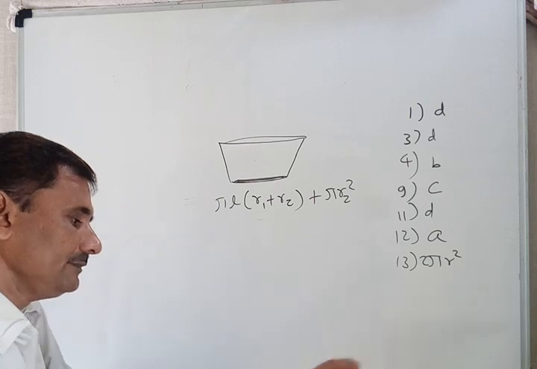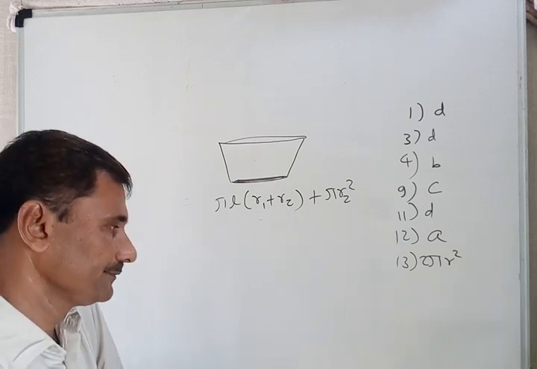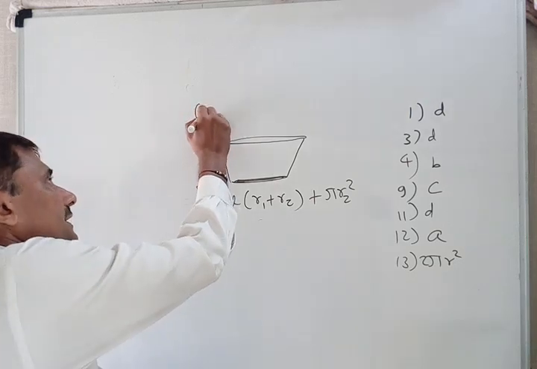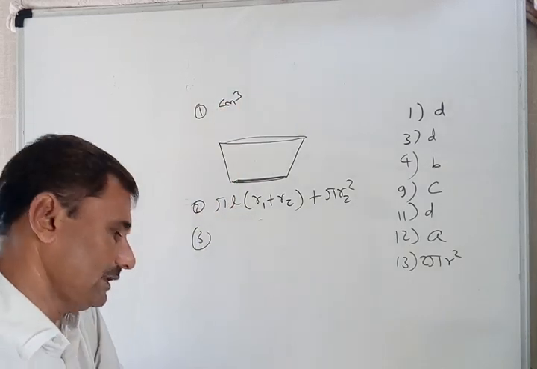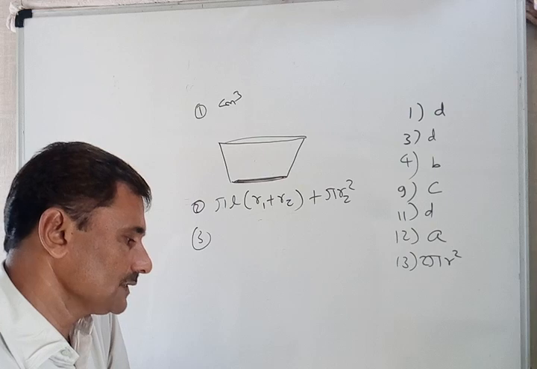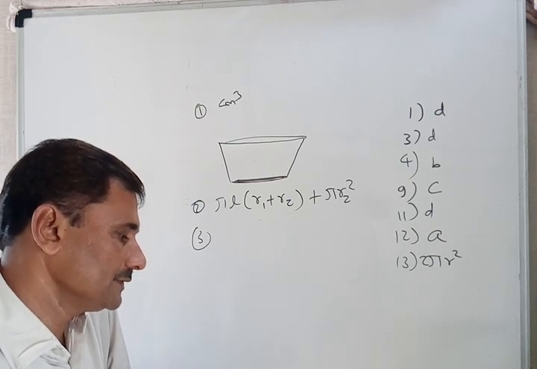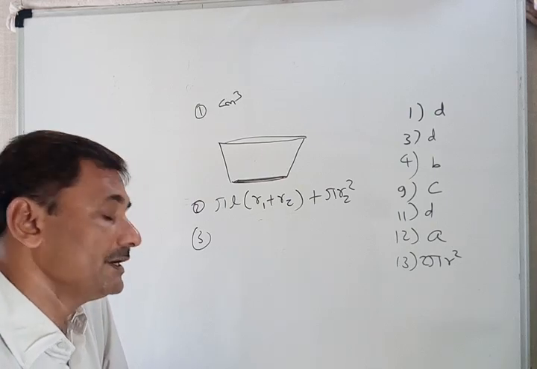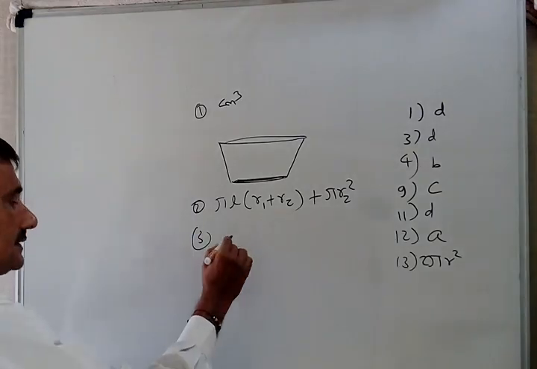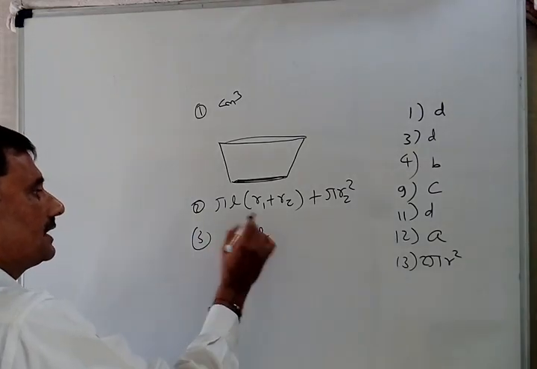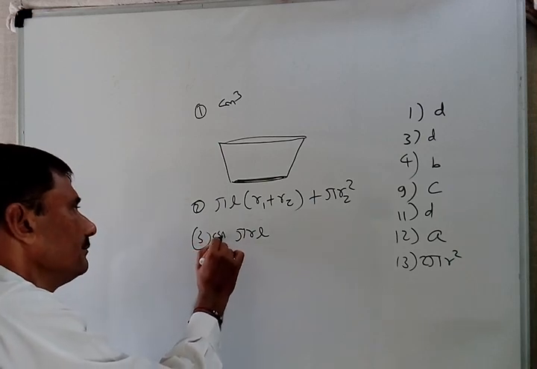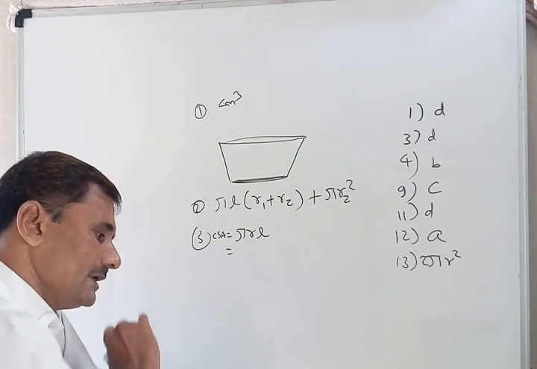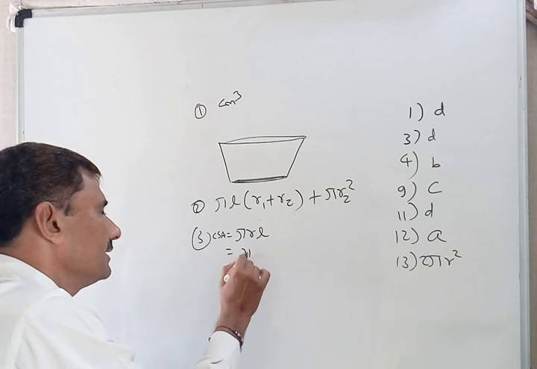Now number 3. The first one's answer was centimeter cube only, that is very simple. Number 2's answer is this. Number 3: find the curved surface area of a cone whose radius is 3 and height is 4. Its formula is pi r L. Pi should stay as pi, in terms of pi.